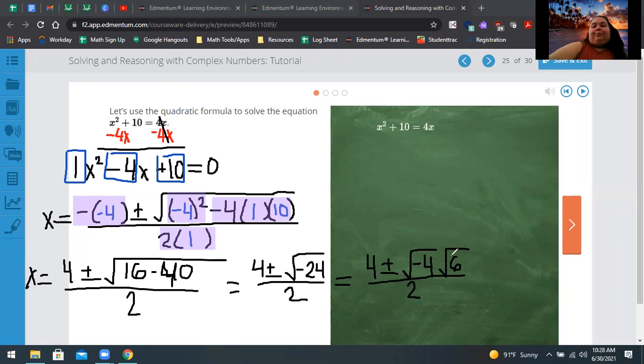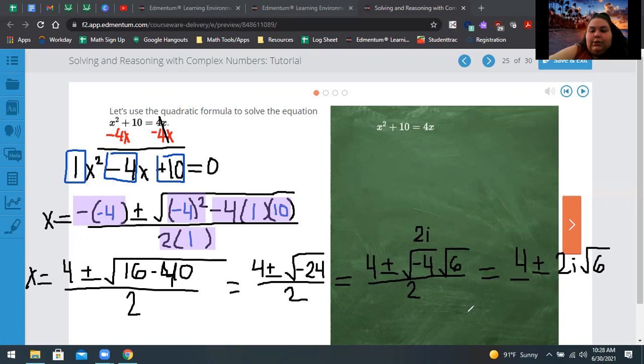Now, again, I'm going to show you how I simplify that. Now remember, before we couldn't take this as a solution, but now we can. This becomes 2i. So this is 4 plus or minus 2i radical 6.